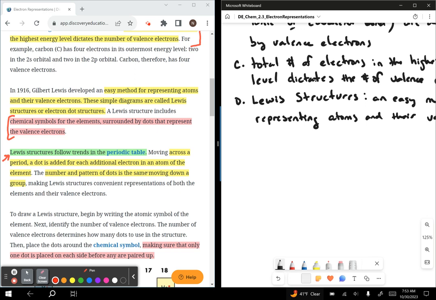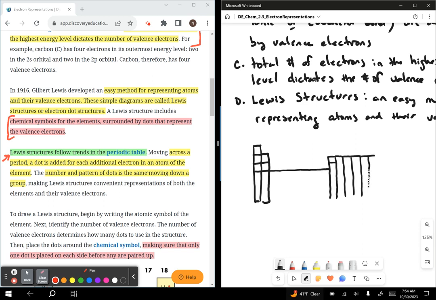So for example, if we were to draw out a periodic table, just see if I can do this here. This would be your 1A.